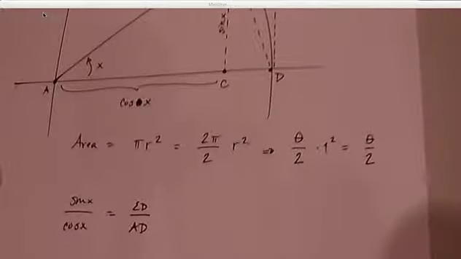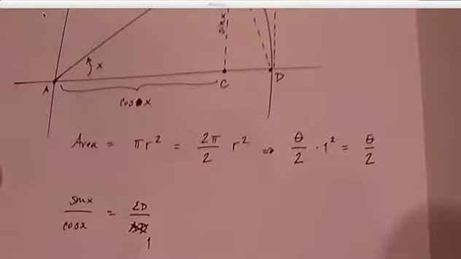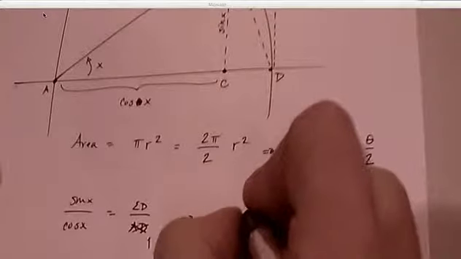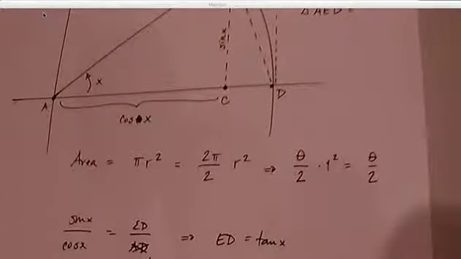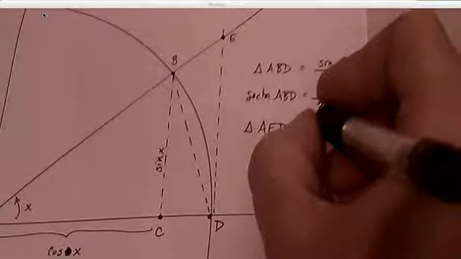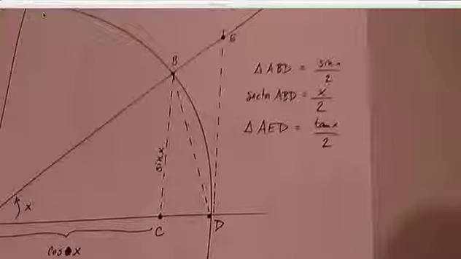Well, I know that AD is 1, and therefore ED is equal to tangent x, right? Okay, well, I know the base. The base is AD. It's equal to 1. I now know the height. It's ED. It's equal to tangent x. So 1/2 base times height is tangent x over 2.